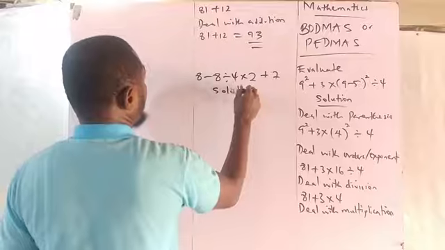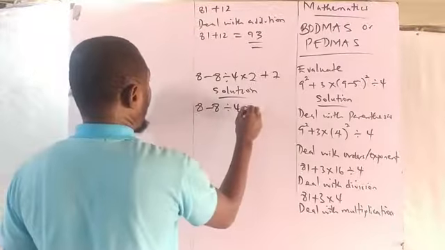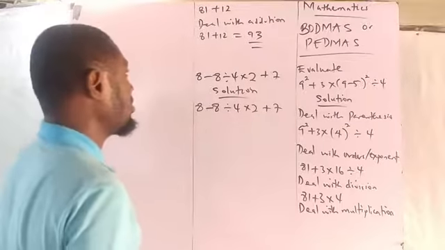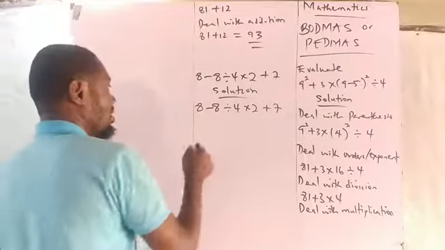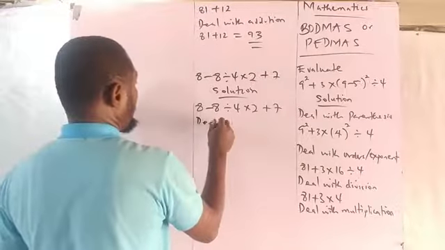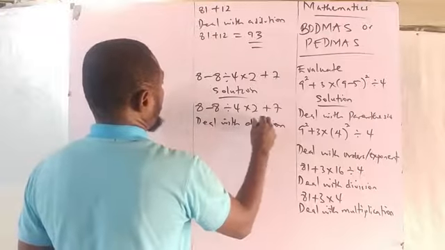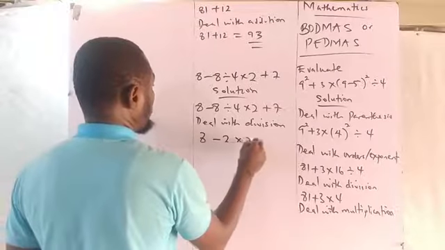Solution: 8 minus 8 divided by 4 times 2 plus 7. There's no parenthesis, there's no order, there's no exponent. What we have there is division. So deal with division first. So that will be 8 minus 2 times 2 plus 7.